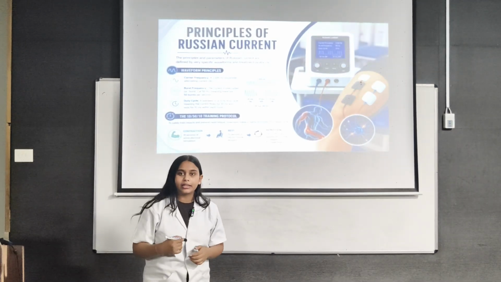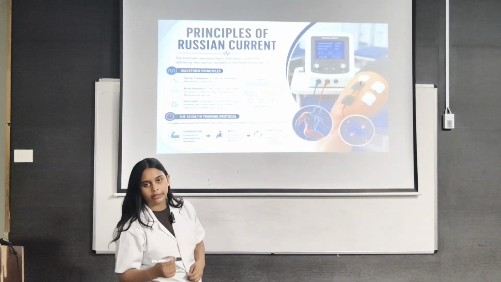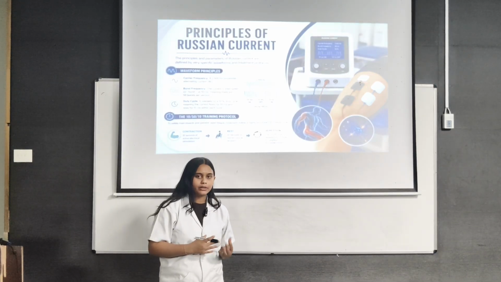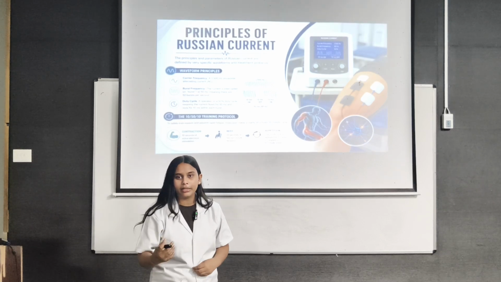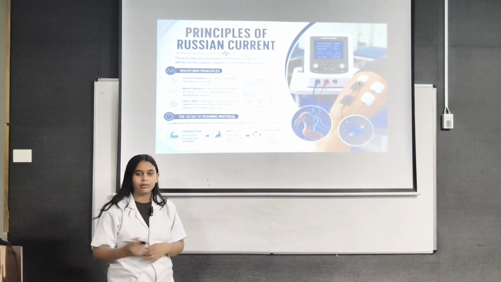The current is interrupted at 50 Hz, so that means there are 50 bursts per second. And the duty cycle. Duty cycle means there is a 50% duty cycle in the Russian current. So the current will flow for 10 milliseconds, and there will be a rest period for 10 milliseconds.